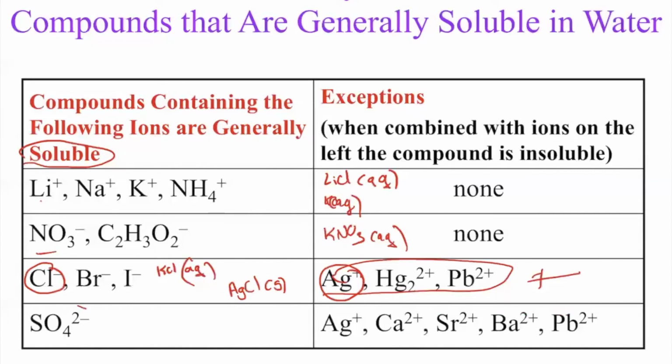Same idea with sulfate, which is soluble except when you mix it with those. So for example, silver sulfate will be solid, insoluble. Calcium sulfate will be insoluble. Strontium sulfate will be insoluble. However, if I do potassium sulfate, potassium is not one of the exceptions, so I will say aqueous, it is soluble.